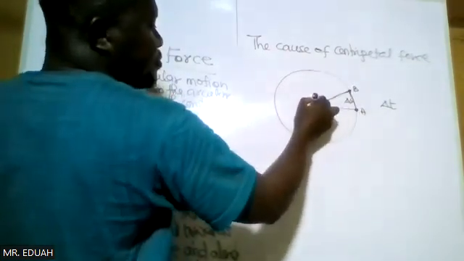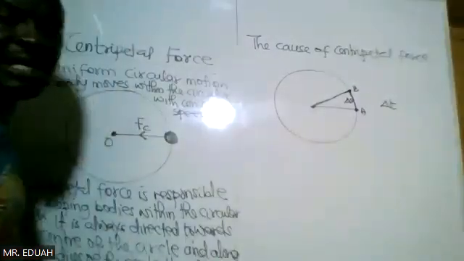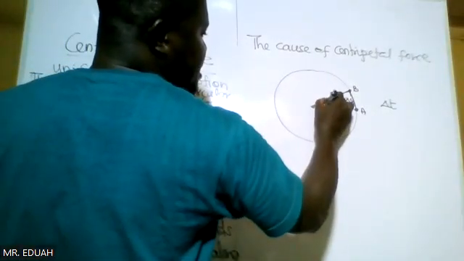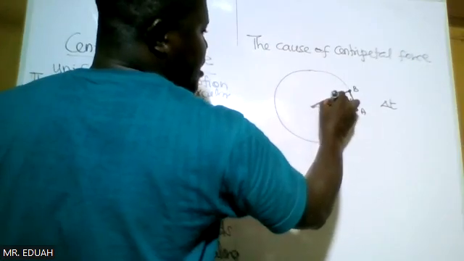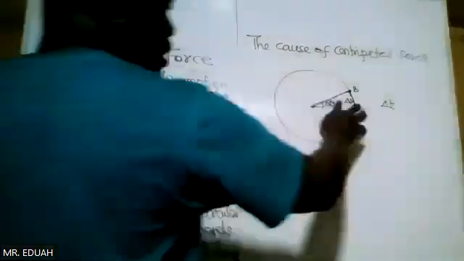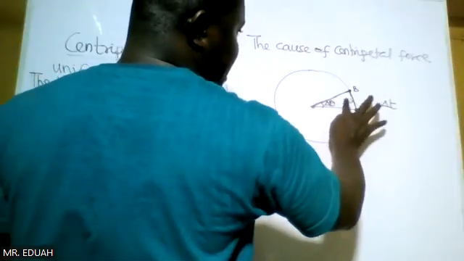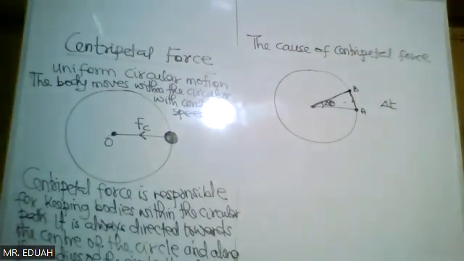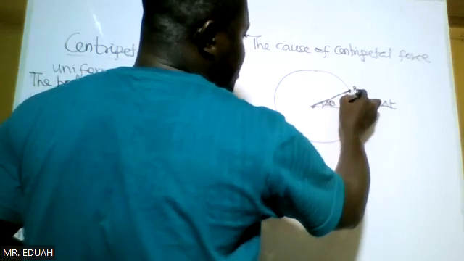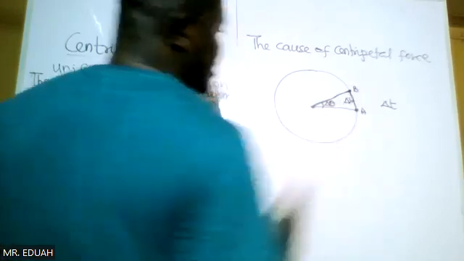So A to B will give us a linear displacement delta S and an angular displacement delta theta. We are looking at a small angular displacement.